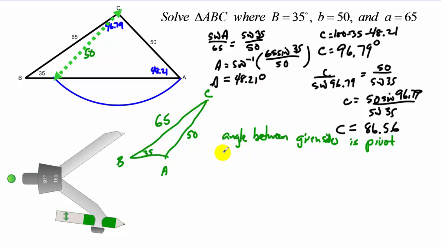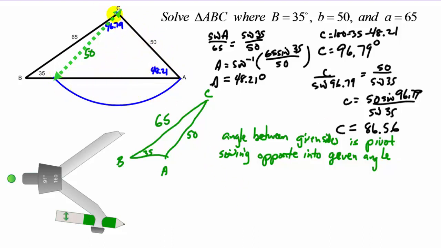Then you want to swing the opposite side into the given angle. So here's that opposite side, and we swung it into the given angle, and you'll create this new triangle.